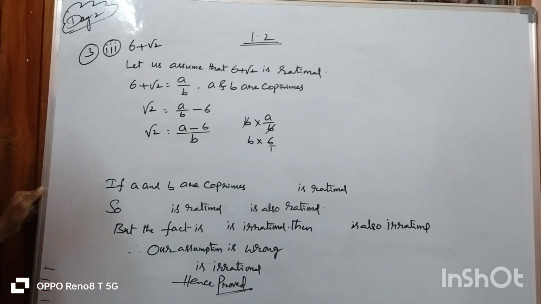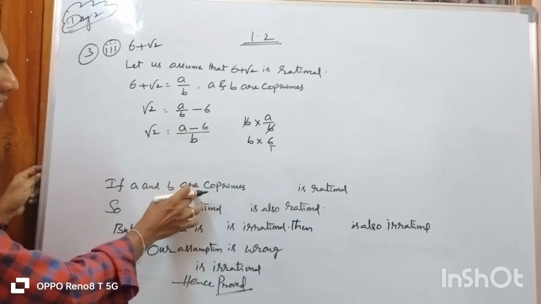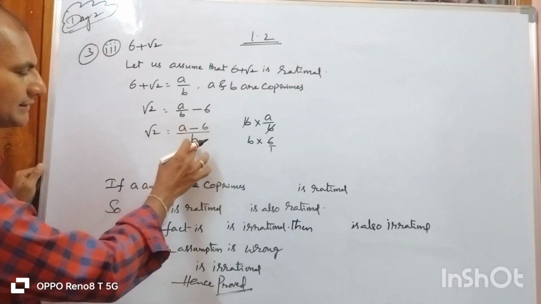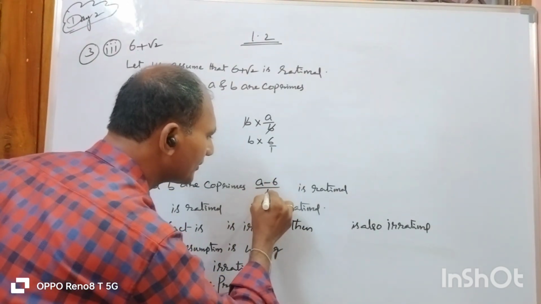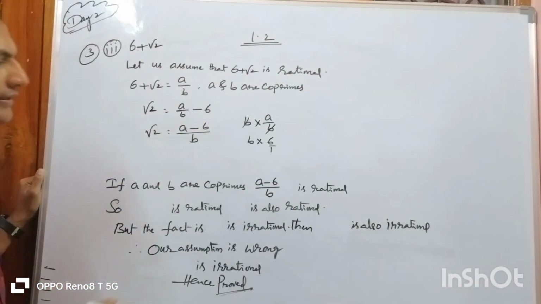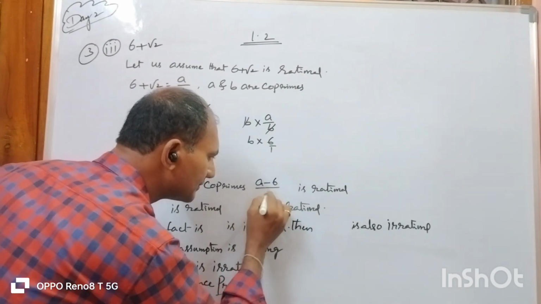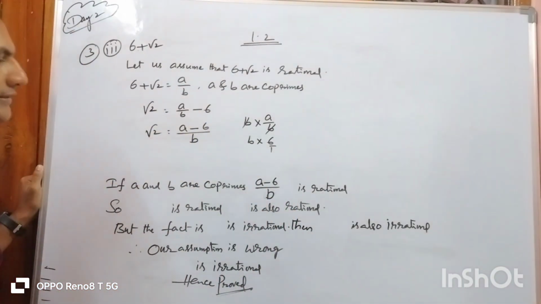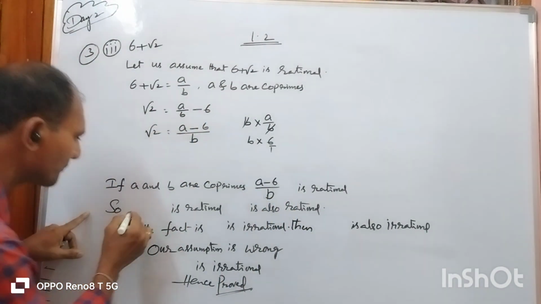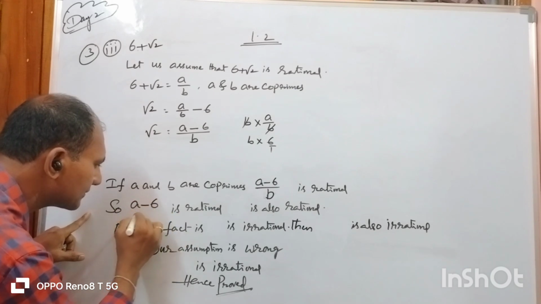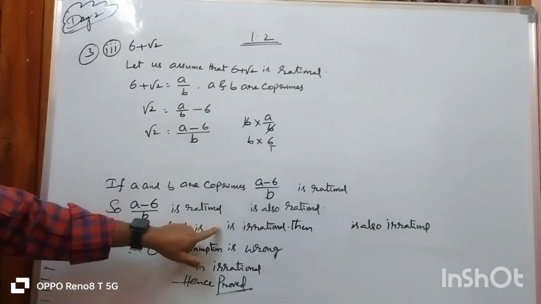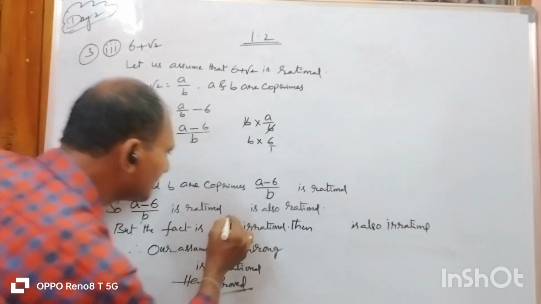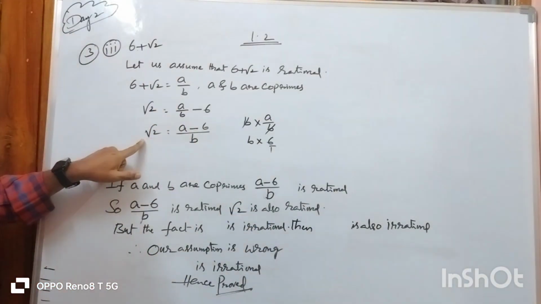Same steps. If a and b are coprimes, then a minus 6b by b is rational. So a minus 6b by b is rational, and root 2 is also rational.